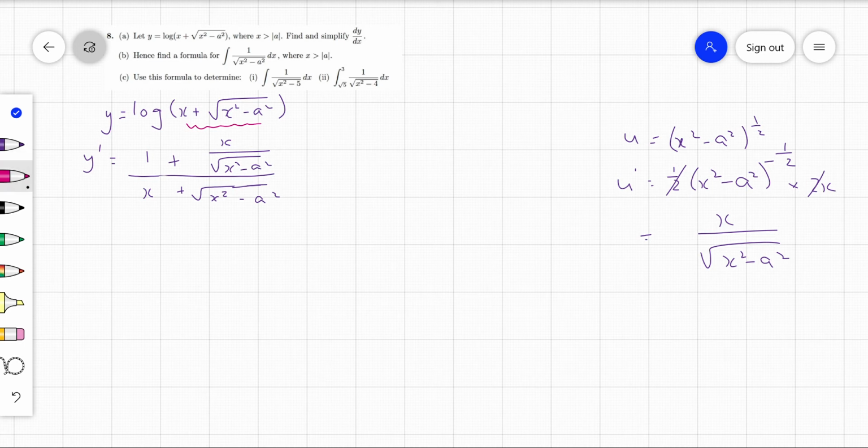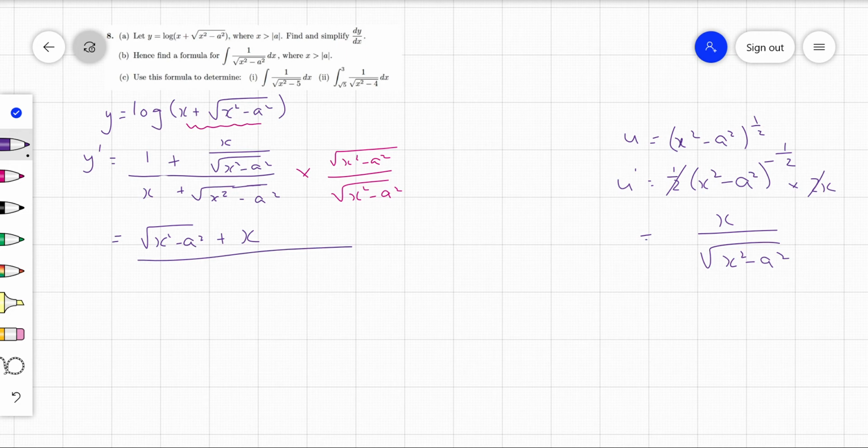Now, if I want to simplify, I don't want a fraction in a fraction. So what I might do is multiply both top and bottom by the square root of x squared minus a squared. So I'm really multiplying by 1. What that gives us at the top is 1 times the root is the root, and then plus x on the root times the root just gives us x.